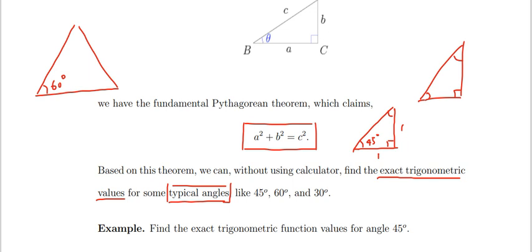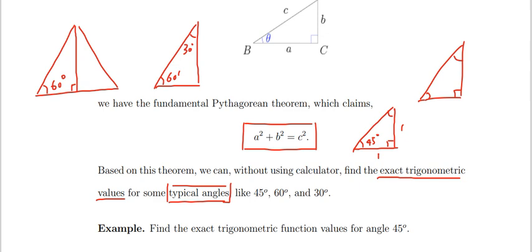For this typical triangle, if we cut it in half, then we have this typical large triangle. So this is 60. Then this one is 30.